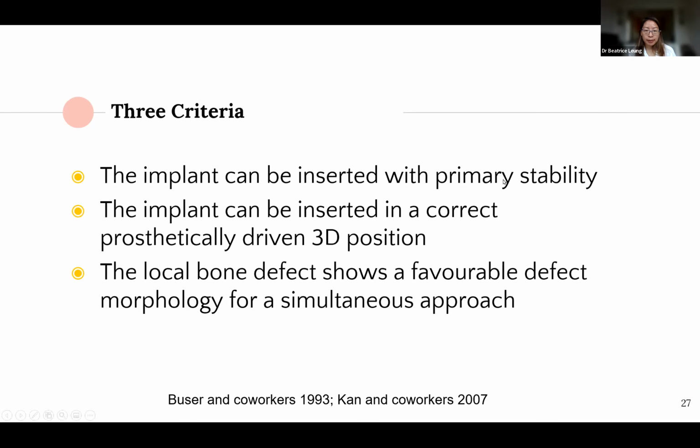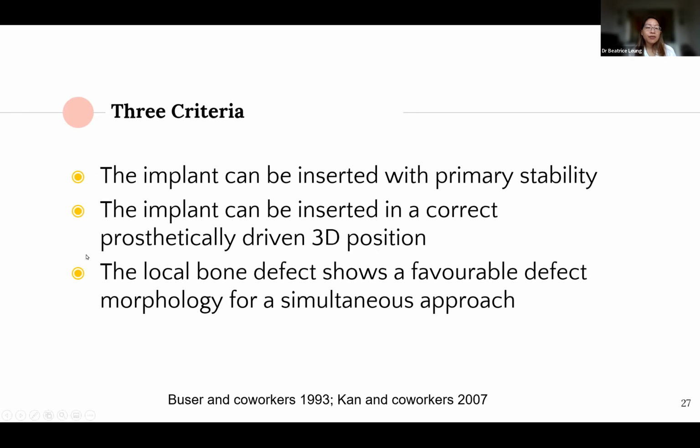You also have to be able to place the implant in the most correct prosthetically driven three-dimensional position. That means you have to have the right bone to support it.